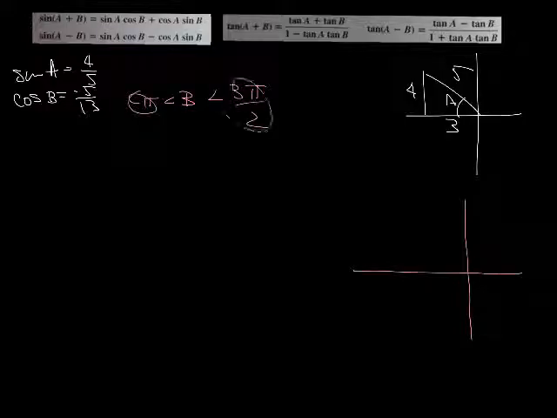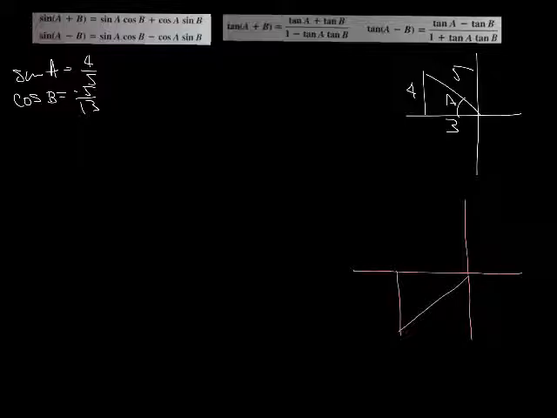So B is in the third quadrant, between 180 and 270. So I'll put that there and label what we can here. Cosine of B is adjacent over hypotenuse, so my adjacent is negative 5 and my hypotenuse is 13. Then I have to find my opposite side here, and that ends up being 12, I think. I think that was the same as it was in the last problem. Alright, so we got all that information.